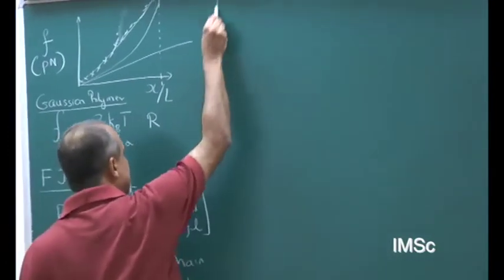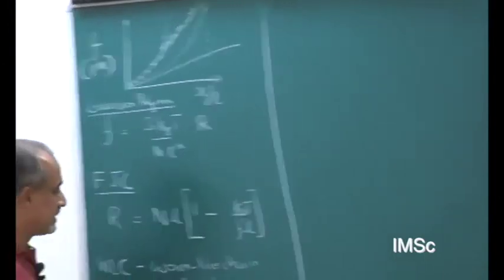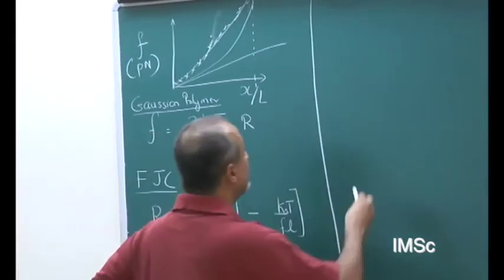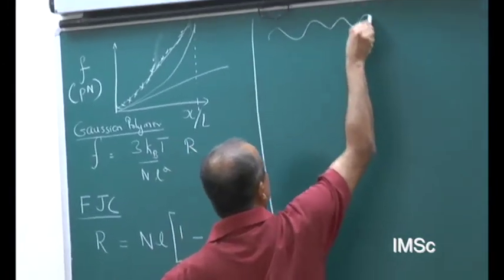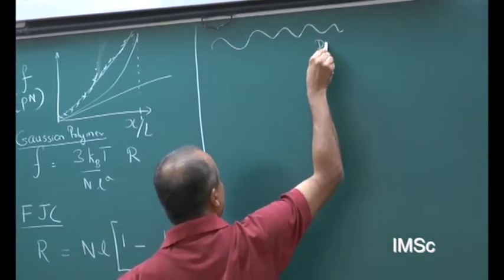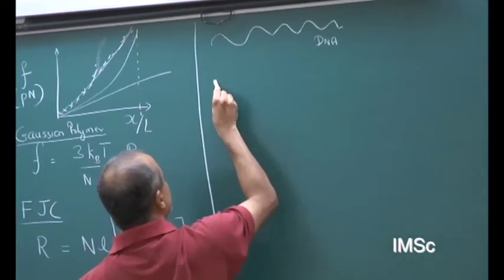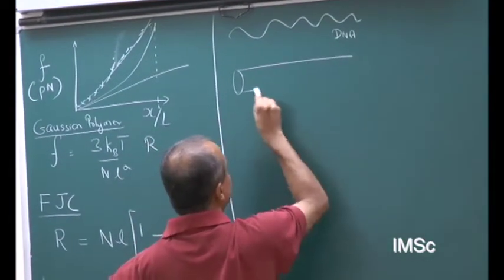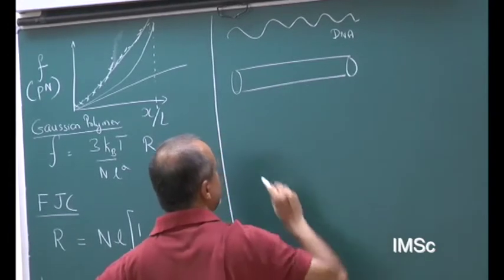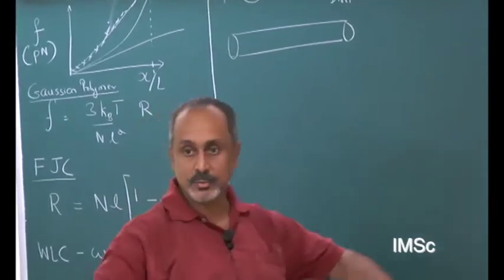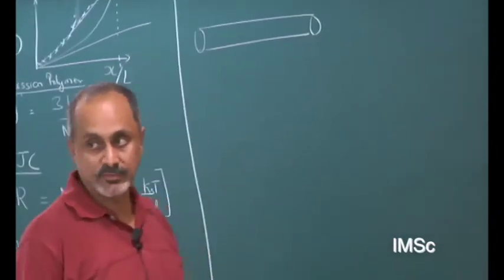Now, to go back a little bit to what this description meant, remember that we started off by saying we wanted to look at a polymer that was like this. This was our DNA molecule, and we said that we should think of this as being a kind of cylinder, and then ask what sort of deformations you might apply to a molecule in the shape of a cylinder.